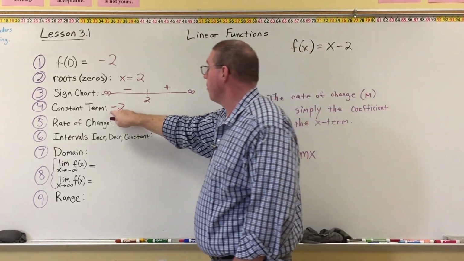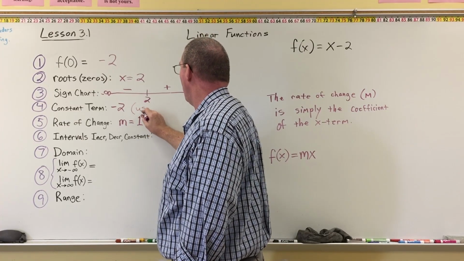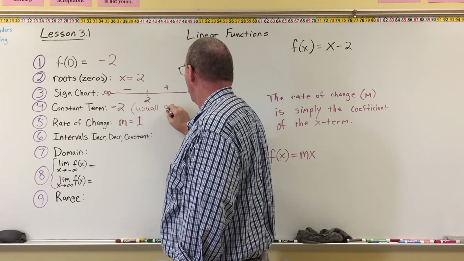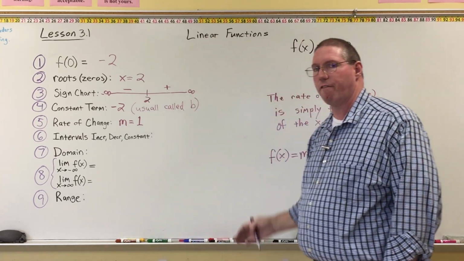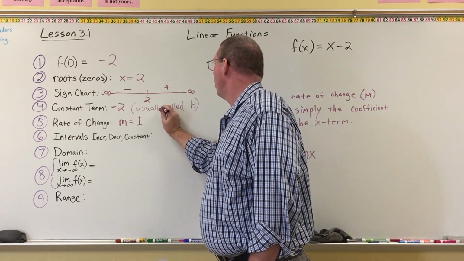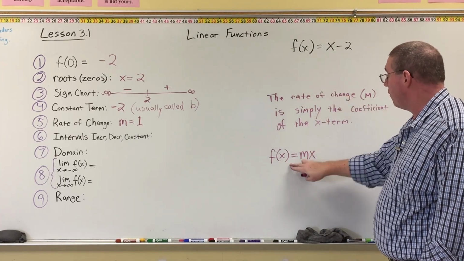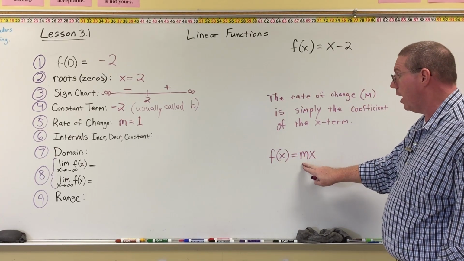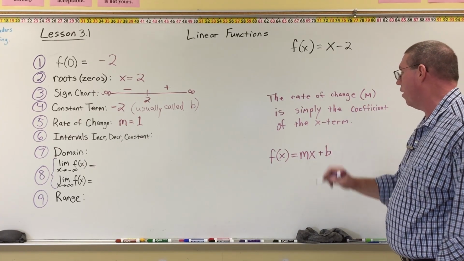And the constant term for a linear function is usually called b, although we just selected B for A and B, so don't get that mixed up. And so what we usually wind up with is the function itself is equal to m, the rate of change, times the x variable plus whatever the constant is, which we often call b.